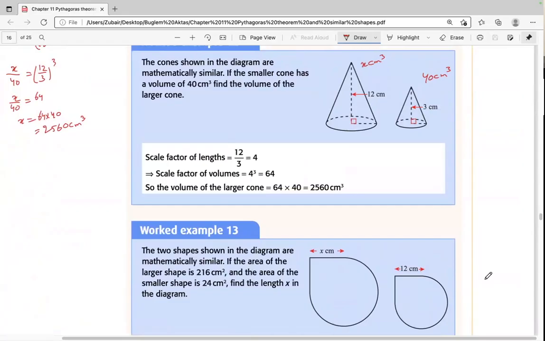Two shapes are shown in the diagram, are mathematically similar. If the area of the larger shape is 216 and the area of the smaller shape is 24, find the length x in the diagram. So again, that is the previous topic. So let's quickly do it. This is 216. This is 24.